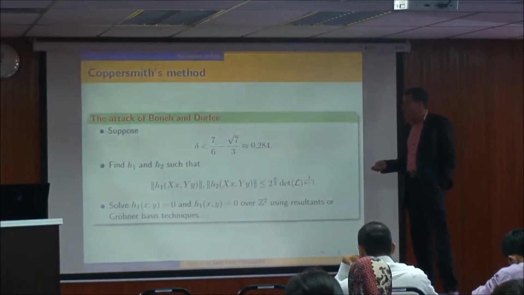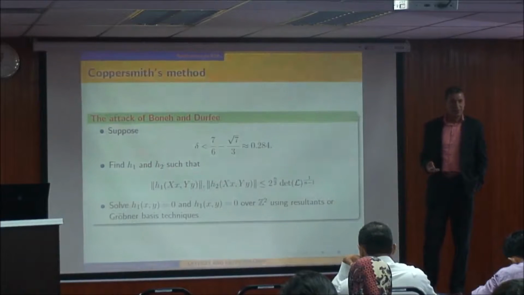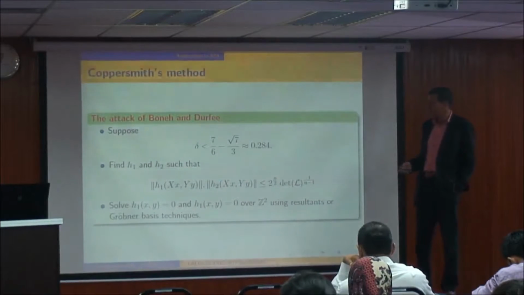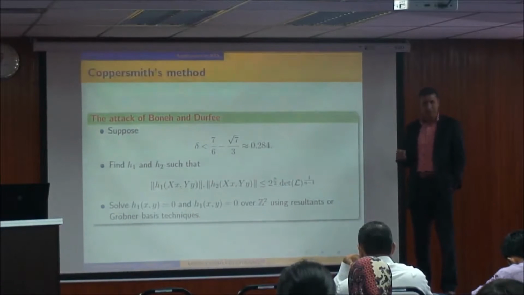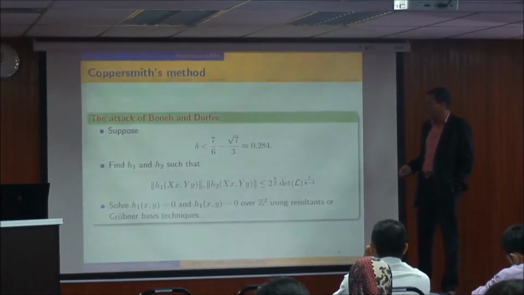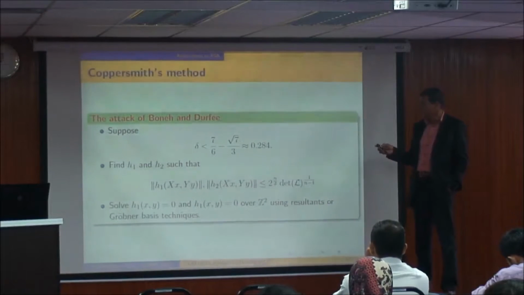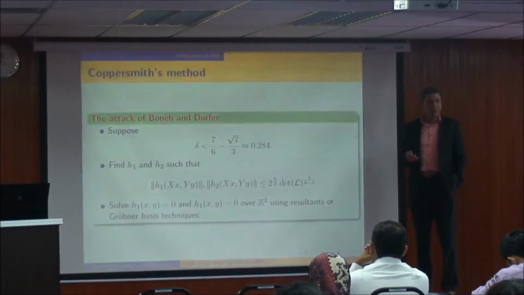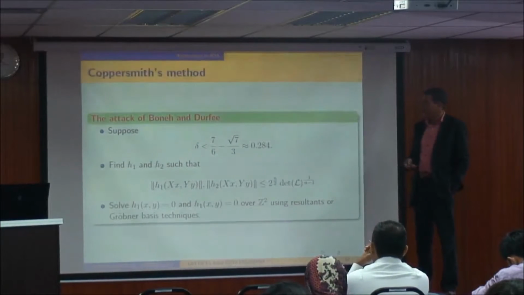That means that you can't use RSA with a small private parameter d. So if you want to use RSA, you have to use a large private parameter d. So this is the application of the Coppersmith method to attack RSA by using the algorithm.